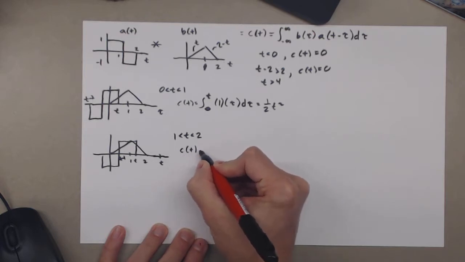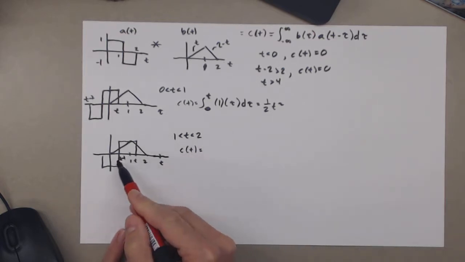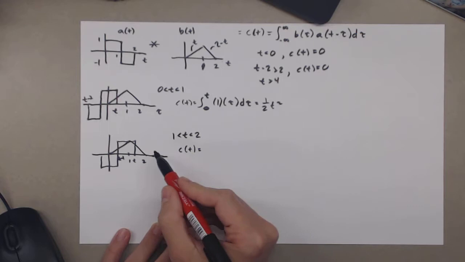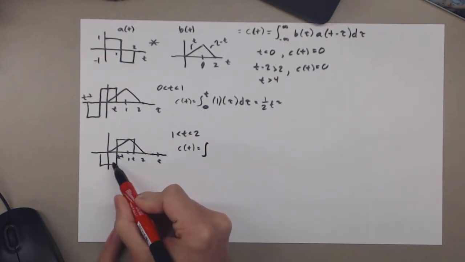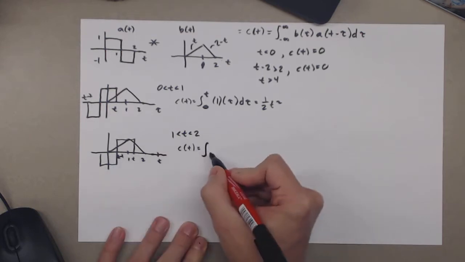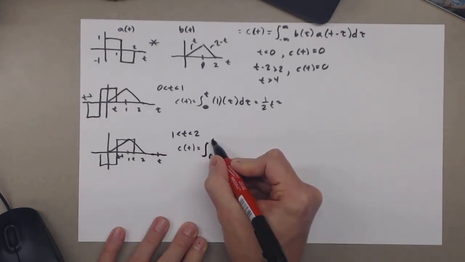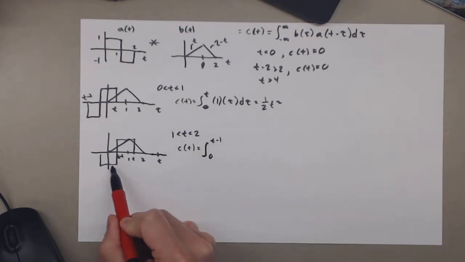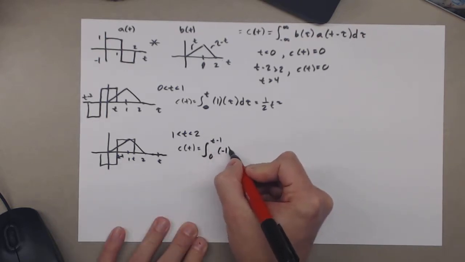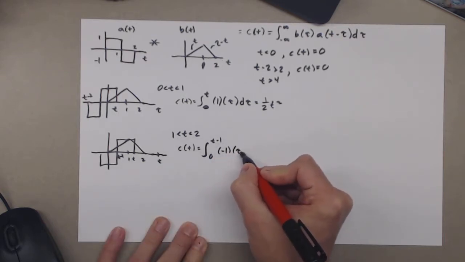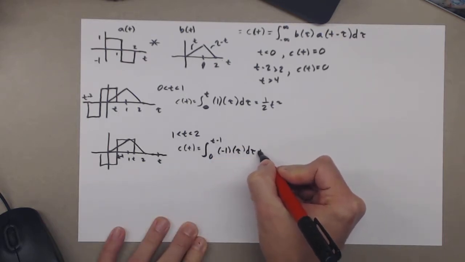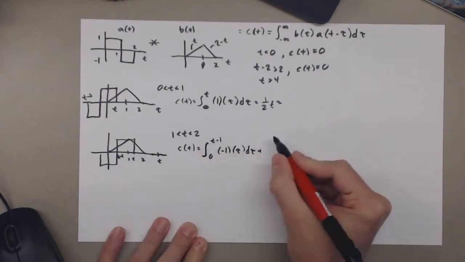For C of t, we have two piecewise linear functions here, so we're going to have to break our integral up into pieces. From 0 to t minus 1, we have minus 1, which is the value of A of t minus tau, times tau.